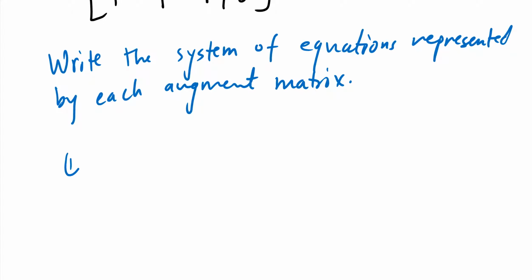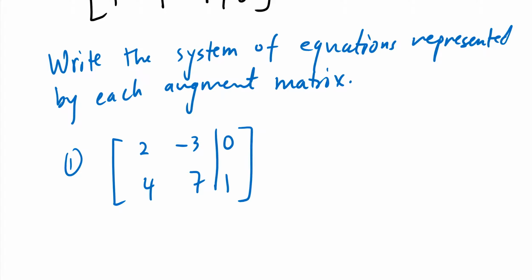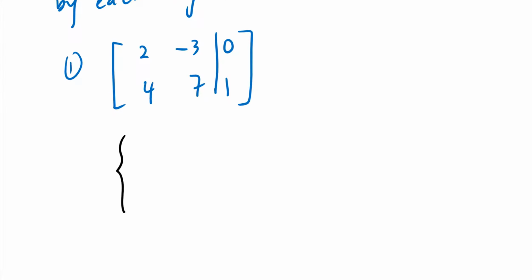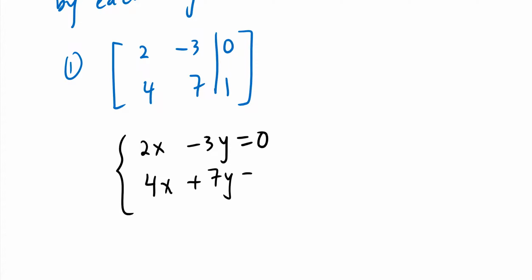So let's say the first one, 2, 4, negative 3, 7, 0, 1. They give us the augmented matrix, and we need to write down the system of equations. Say the variables are x and y. 2x minus 3y equals 0. From the second row, we get 4x plus 7y equals 1.